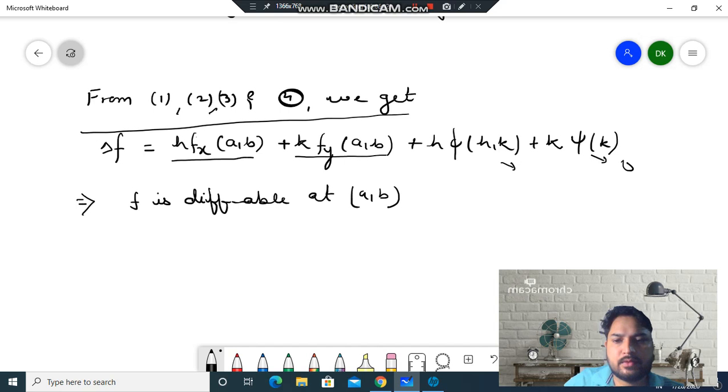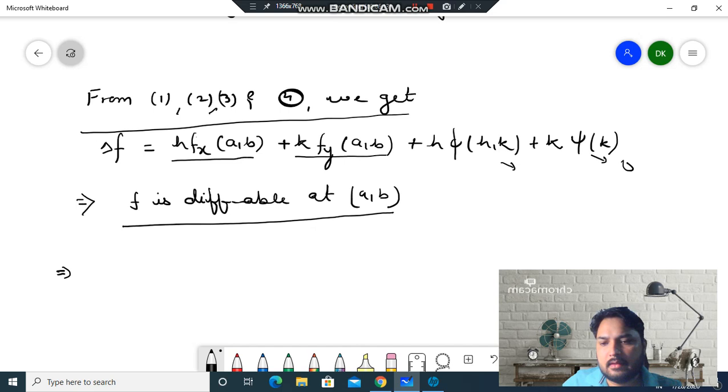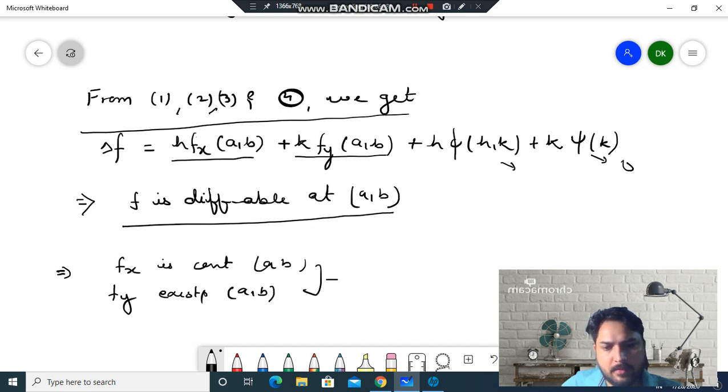So this implies that f is differentiable at point (a, b). That means if fx is continuous at (a, b) and fy exists at point (a, b), then we say the function f is differentiable.